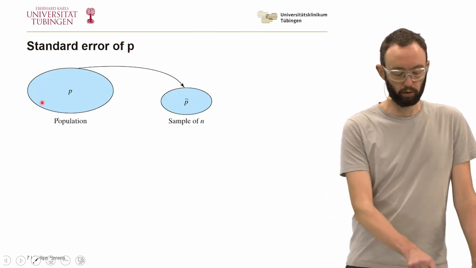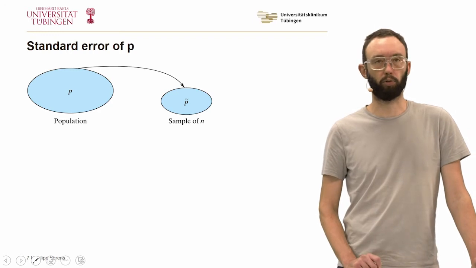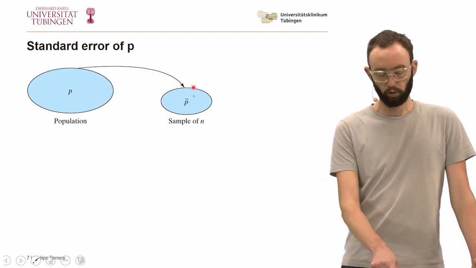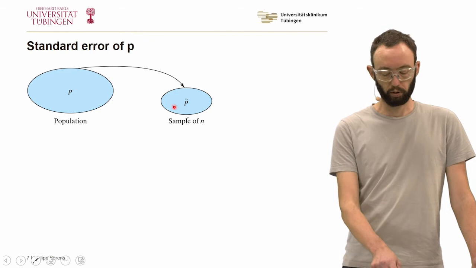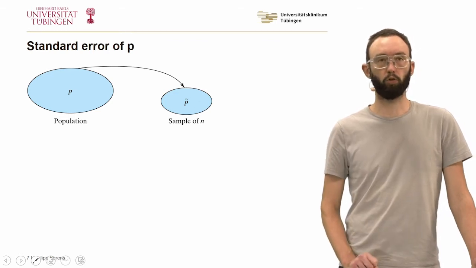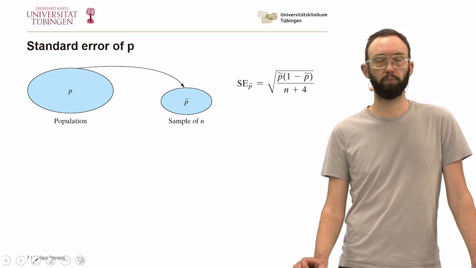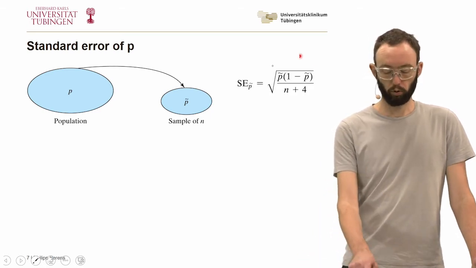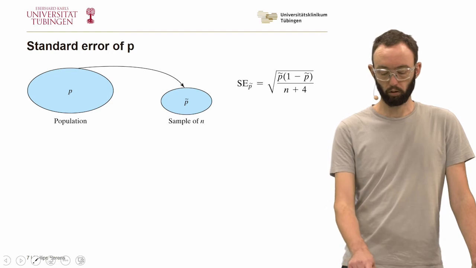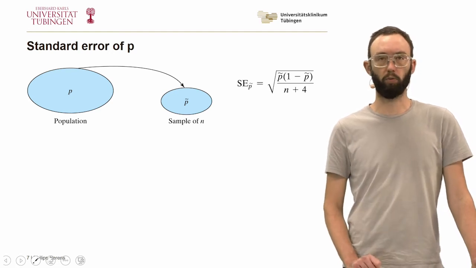To remind you, we are in the setting where we have the abstract population. We observe a sample of size n, and we compute p tilde as an estimate of the true p in the population. To get a standard error of p, we compute the following. So here, on top, p tilde times 1 minus p tilde.